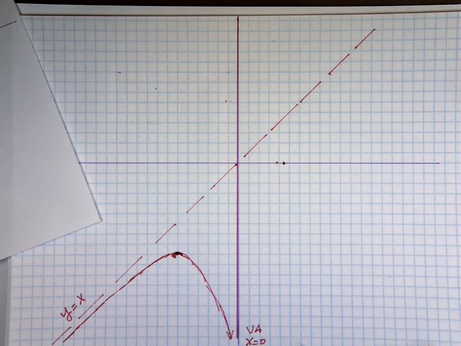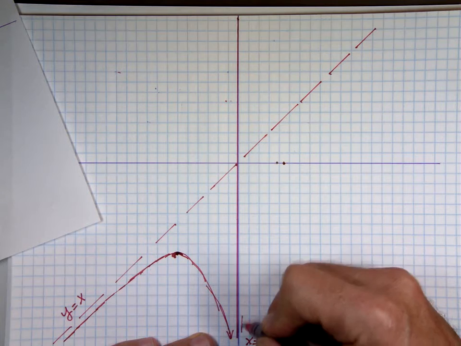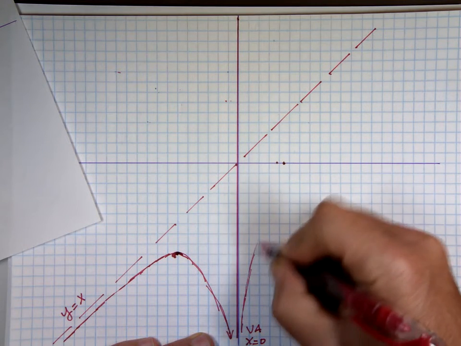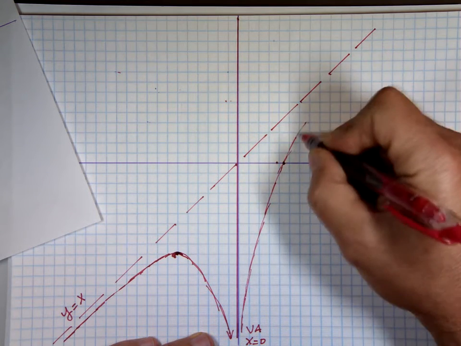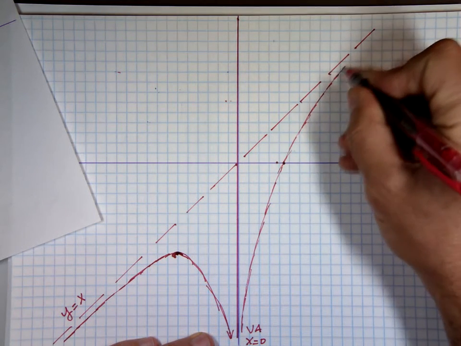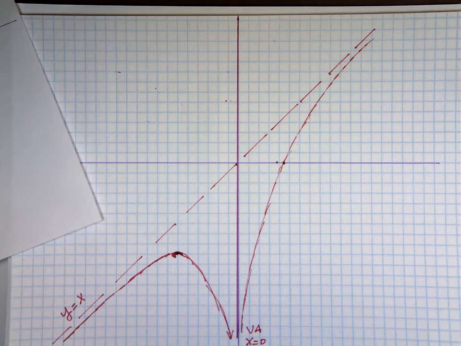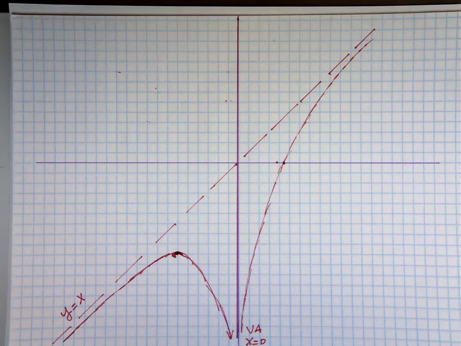So my function is actually always increasing, concave upward. That's what it's going to look like. Do we have a picture that looks like that? B, I think.